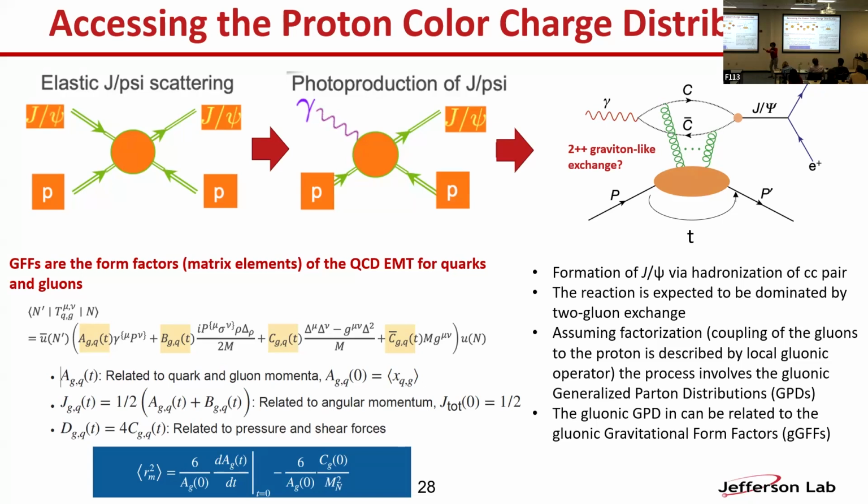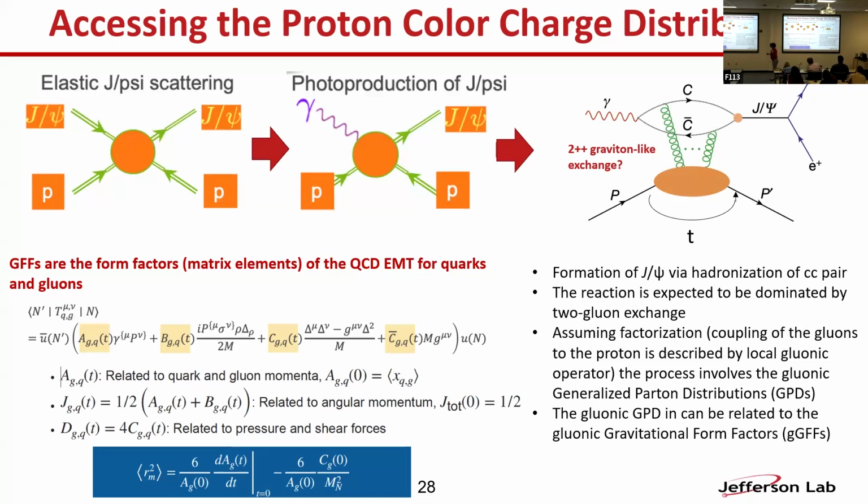So, like with the GPDs, I factorize the process into an interaction that I am able to describe and the distribution of the proton. So I can access the distribution, what is inside the proton. And this factorization can be described by the GPDs, because GPDs describe deep inelastic production of exclusive processes.